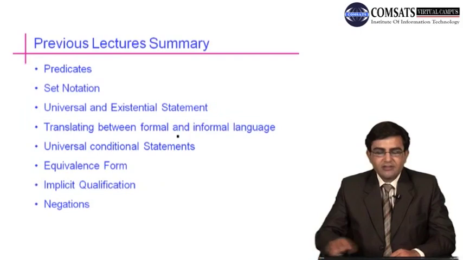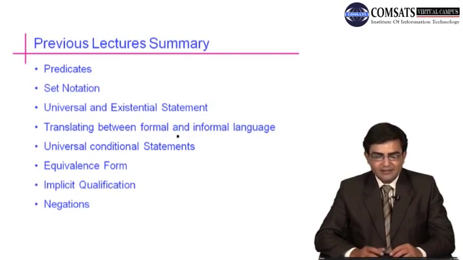In the previous lecture, we were discussing predicates, set notation, universal and existential quantifiers and statements. We have also discussed how to translate between the formal and informal languages, that is from universal and existential statements to informal language, and from informal language to these notations of universal and existential quantifiers.